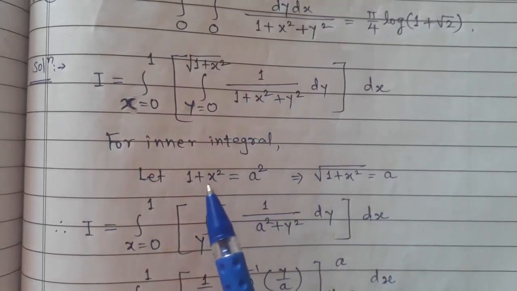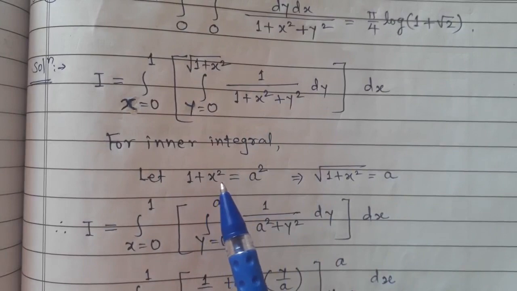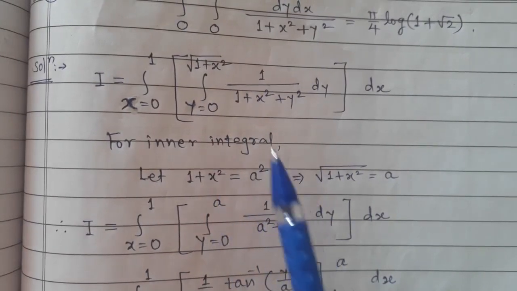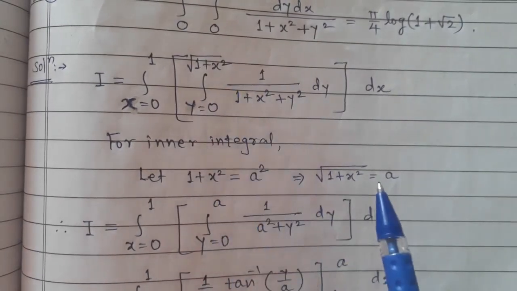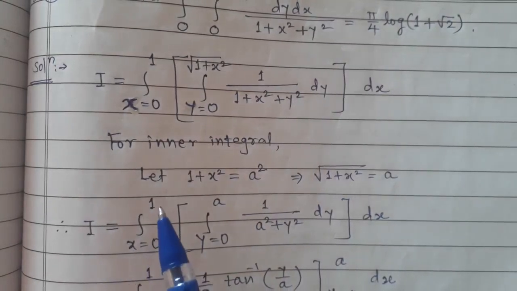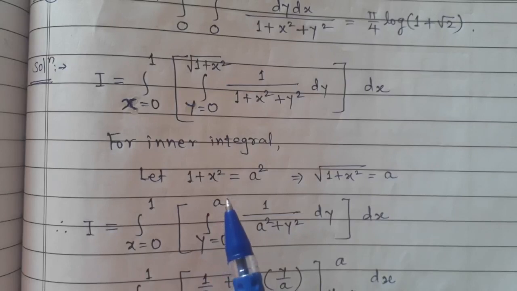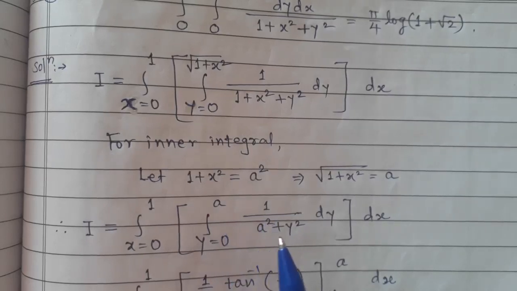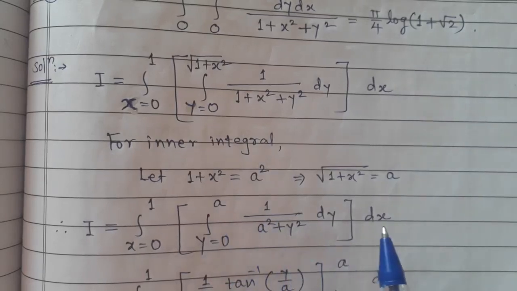So we'll keep value 1 plus x square equal to a square, that implies root of 1 plus x square is a, and therefore I becomes equal to x from 0 to 1, y from 0 to a, 1 upon a square plus y square dy, and outside there is dx.